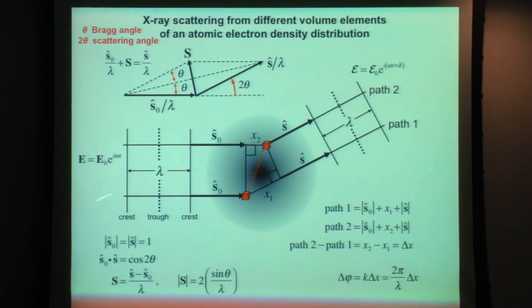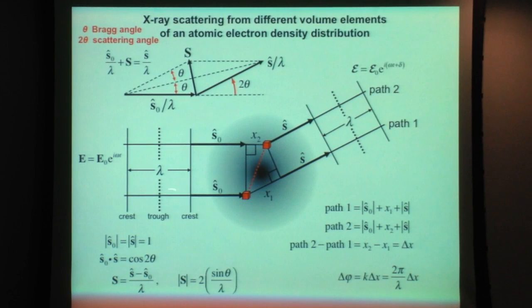We note here that the wavelengths of X-rays that we're using are on the order of the atomic radii. Here we've got a scattering angle that is, I don't know, 20 or 30 degrees. You can imagine how the diagram would alter if we just went to higher and higher scattering angles.